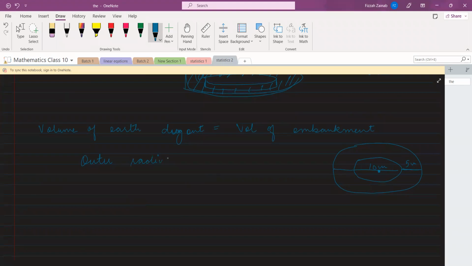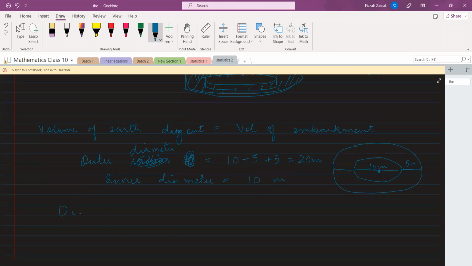Okay. So first of all, outer diameter is 10 plus 5 plus 5, so that is 20 meter, right? And inner diameter is given in the question, which is 10 meter.